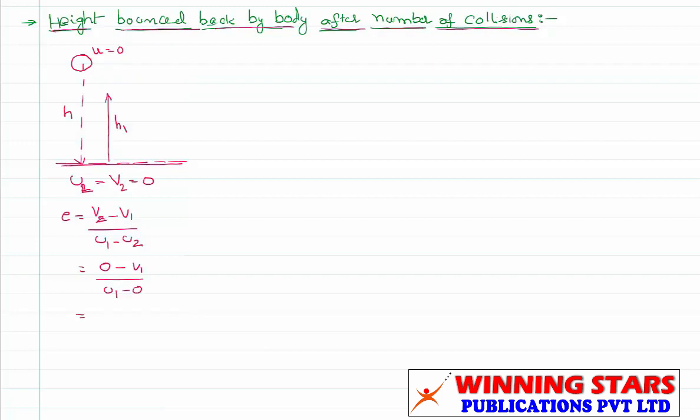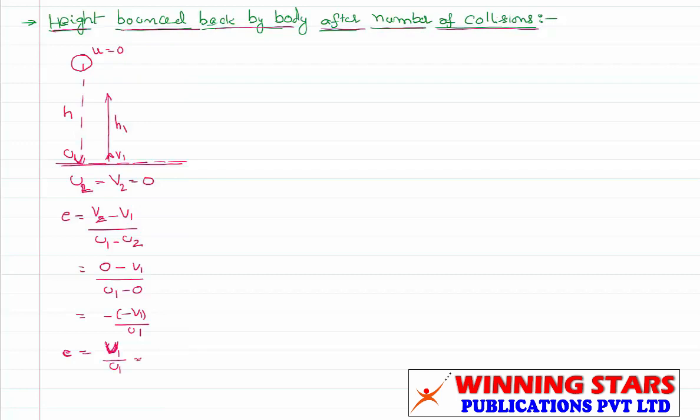Here u1 is the initial velocity of the body just before the collision, and v1 is the final velocity of the same body immediately after the collision, being in the opposite direction, so minus v1 has to be written. So the coefficient of restitution can be written as v1 by u1. We derived this in the previous derivation also.